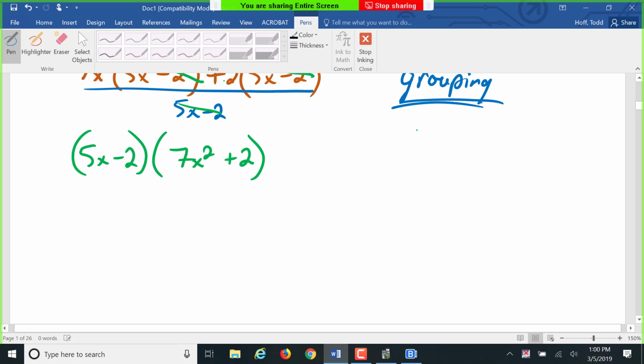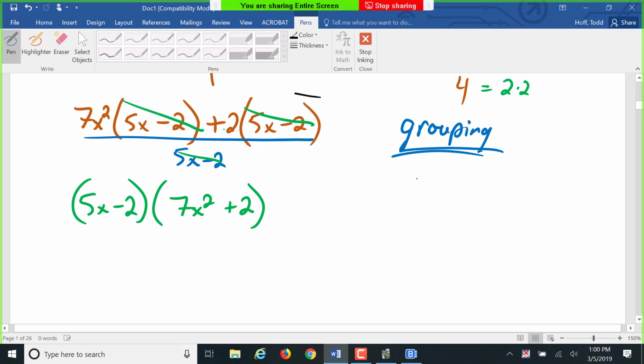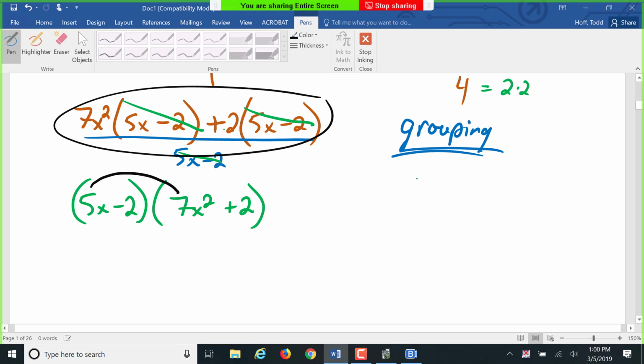Let's verify that that is a factoring of what we started with here. If I do my FOIL, 5x times 7x squared is 35x to the third. We do the outside, 5x times 2, positive 10x. Now I'm going to put it over here because I know that I'm coming up with an x squared here.